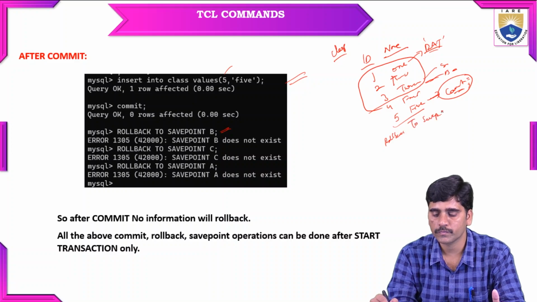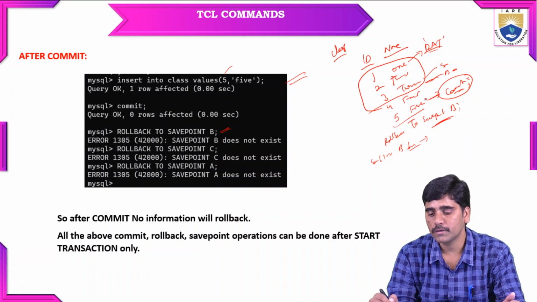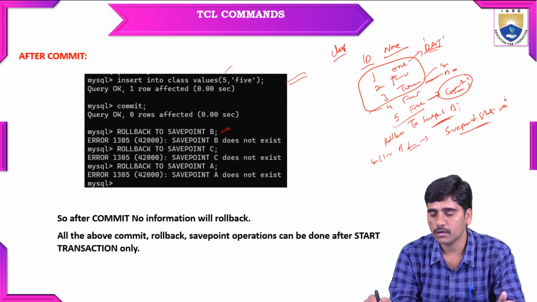So I tried to roll back to save point B. The error is: Error 1305, save point B does not exist. That indicates that after performing the commit operation, all the save point states are destroyed.